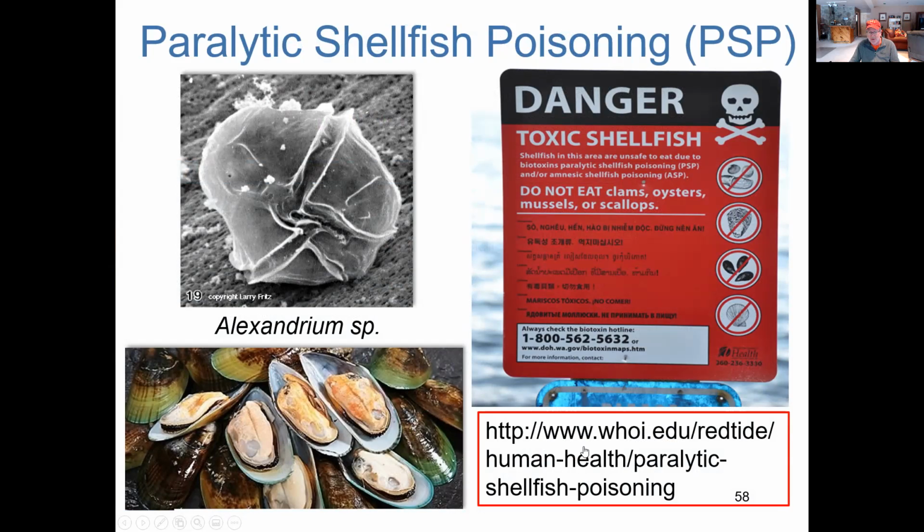You can check out this link that talks more about its impact on human health. But suffice to say, you can die from paralytic shellfish poisoning if you eat contaminated shellfish. And it's due again to blooms of dinoflagellates creating this red tide phenomenon.